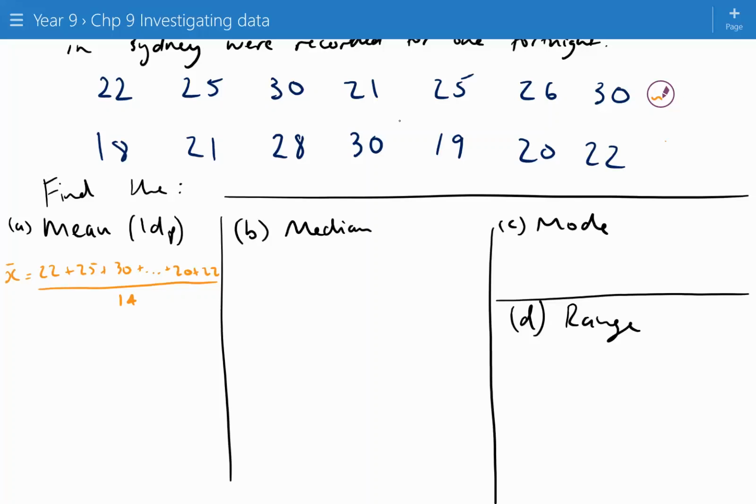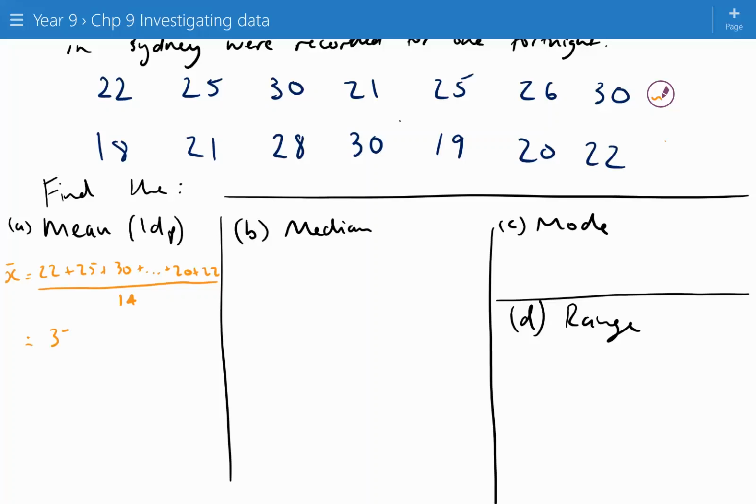So let's put this in your calculator. 22 plus 25 plus 30 plus 21 plus 25 plus 26 plus 30 plus 18 plus 21 plus 28 plus 30 plus 19 plus 20 plus 22.